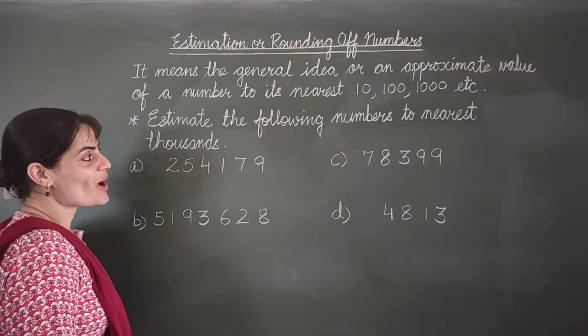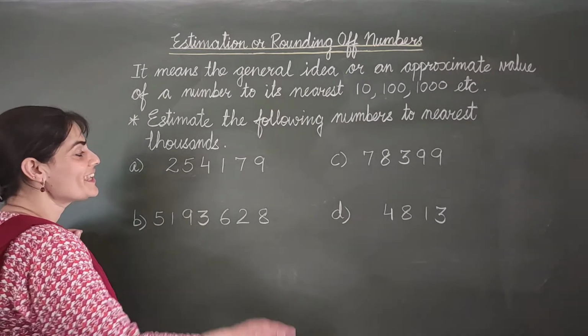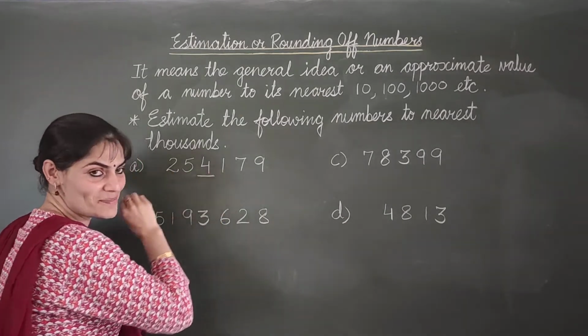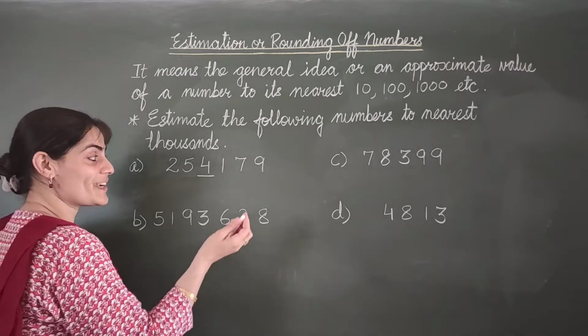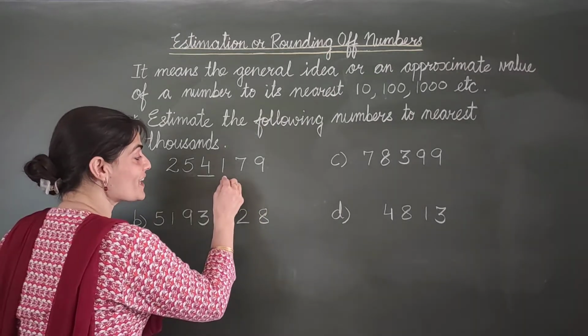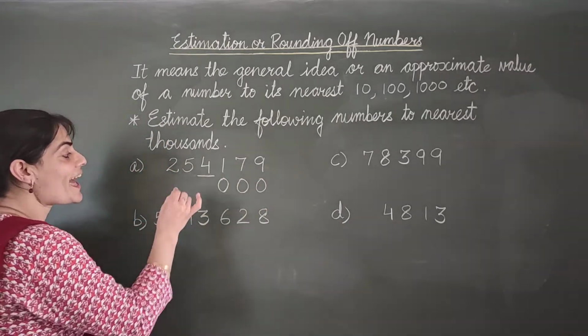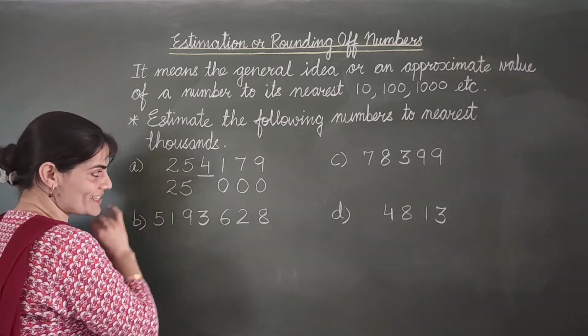Let's learn to round off the numbers to their nearest thousands. Now we are going to underline the digit at thousands place and we are going to apply the same rules as well. That means the digits at smaller places will be replaced by zeros and the digits at larger places will be written as it is.